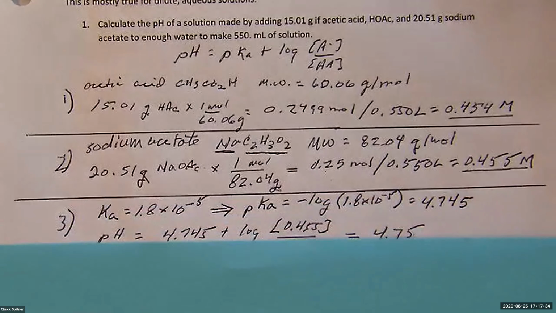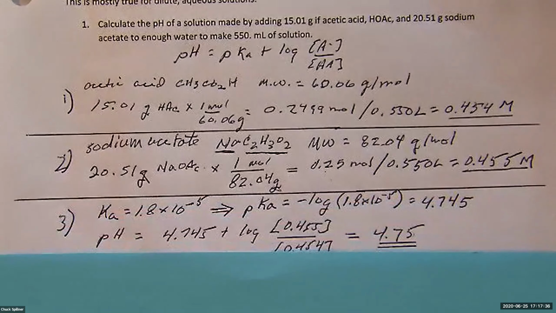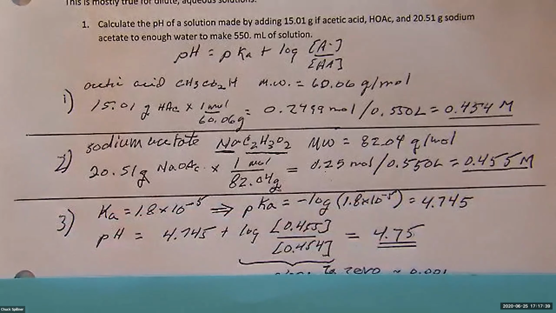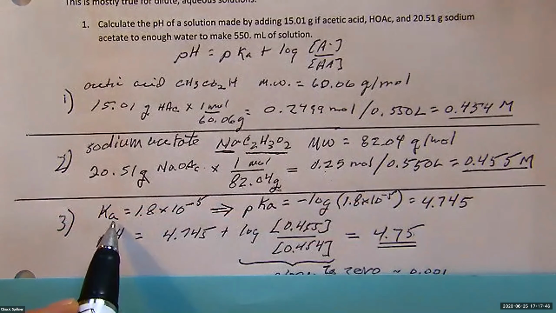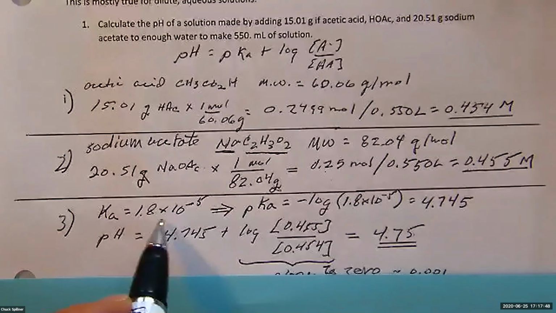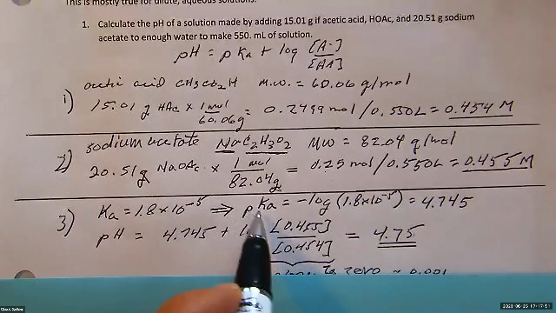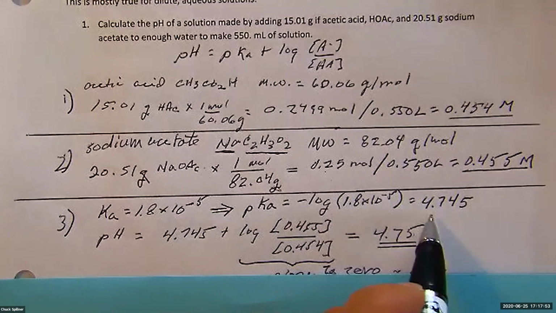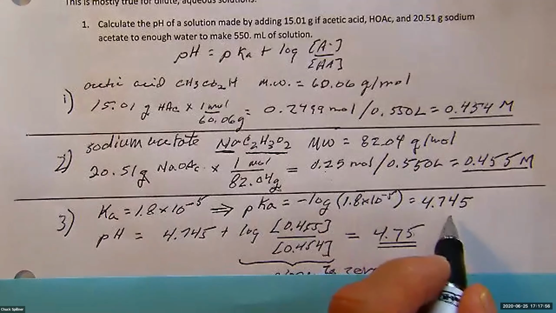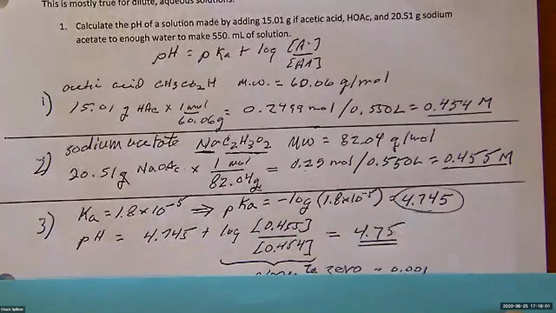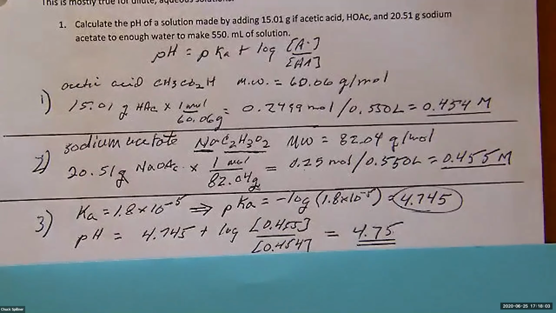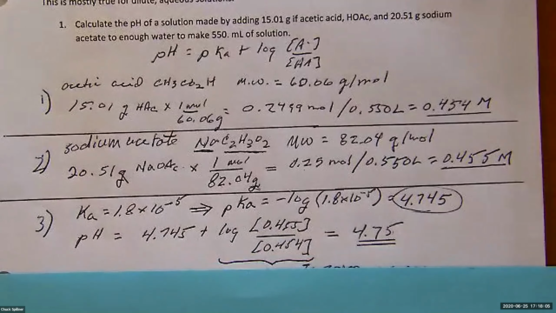So now that we have the concentrations, we can use our Henderson-Hasselbalch equation. But to do that, we need to calculate the pKa. So we know the Ka for acetic acid is 1.8 times 10 to the minus 5. Take the minus log of that, we get the pKa of 4.745. So now we have all the values we need to plug into the Henderson-Hasselbalch equation.